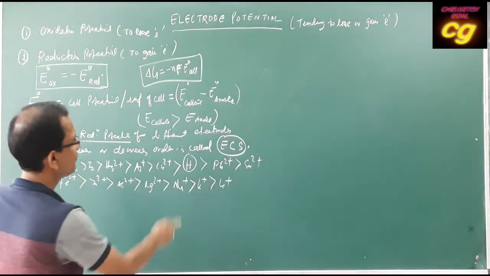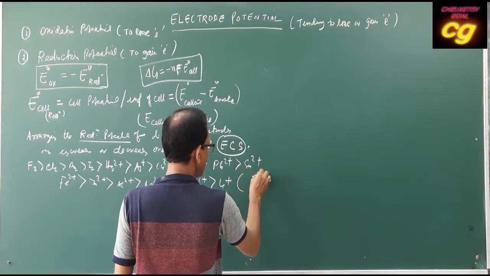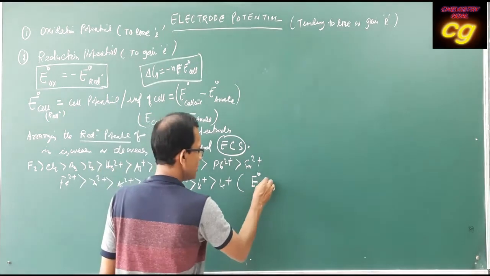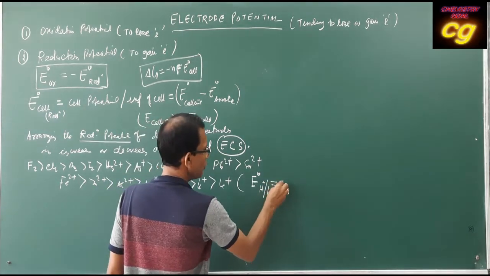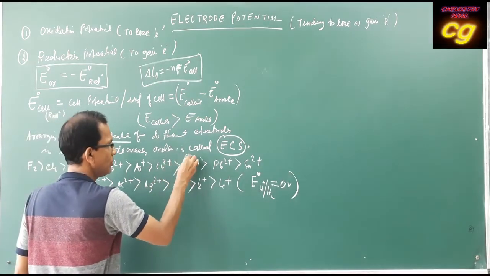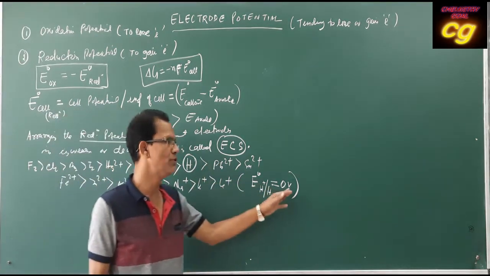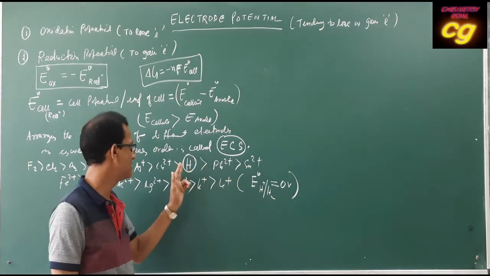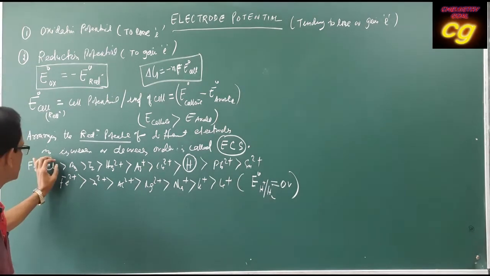Generally, the E naught value of hydrogen, the reduction potential of hydrogen to H2, is taken as 0 volt. It's very important, remember this. Each one is called a half cell.